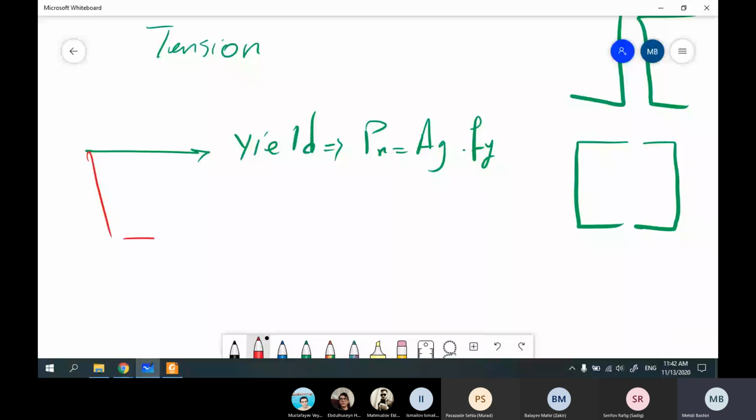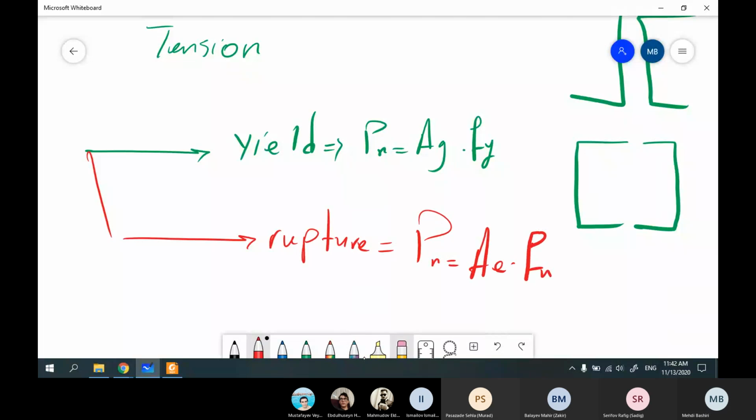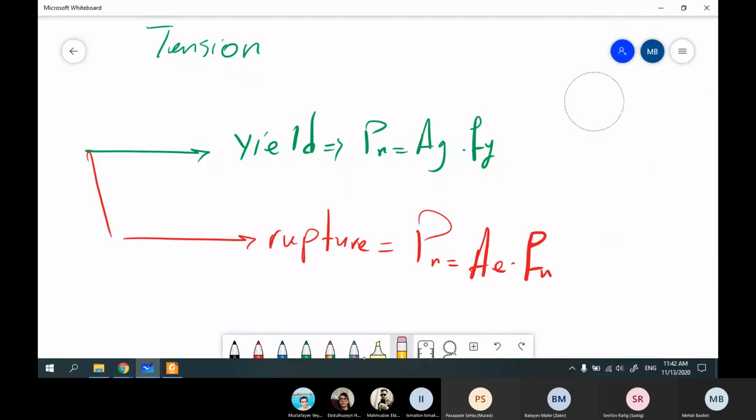The second one was rupture. For rupture, Pn is Ae times Fu. For this one, phi or reduction factor is 0.9, and for this one phi is 0.75.